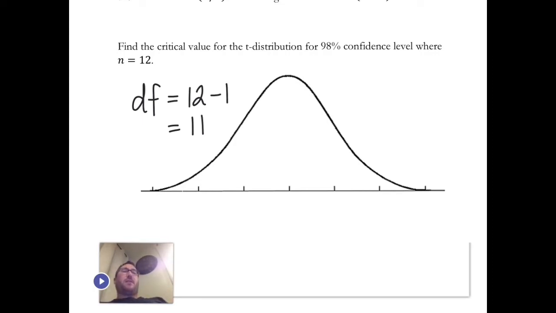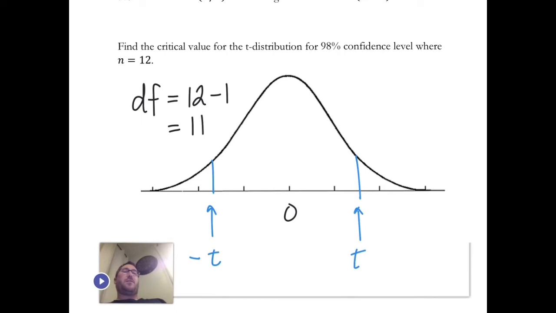What we need to do is figure out where those dividing points are, and of course 0 is represented in the center, whereas the lower critical value and the upper critical value are on either side. Because 0 is in the center, one's going to be a negative t value, the other one's going to be a positive.